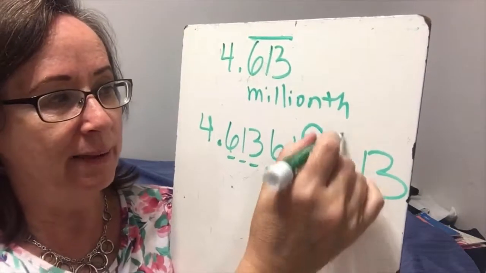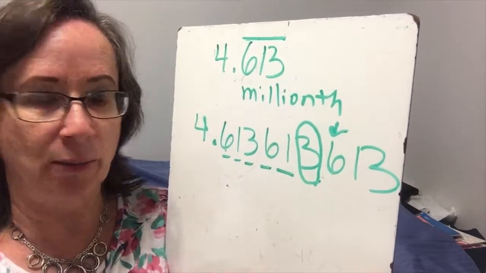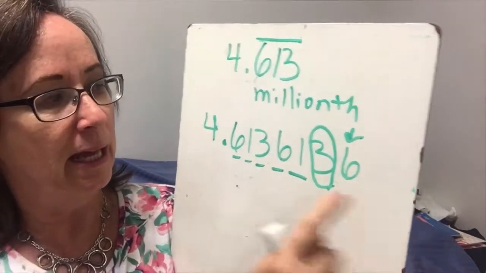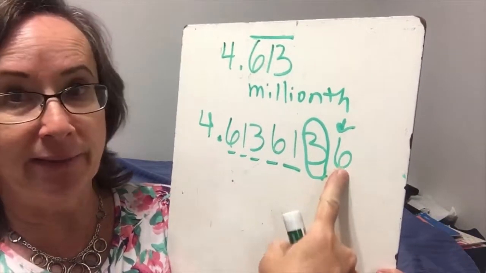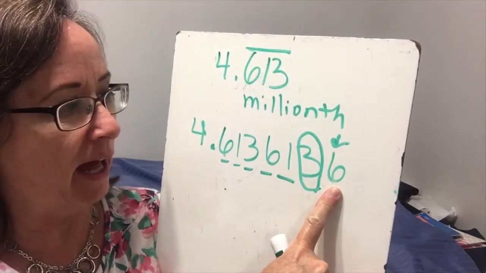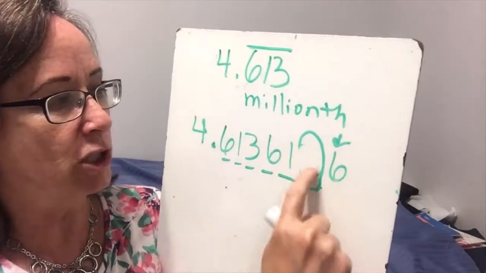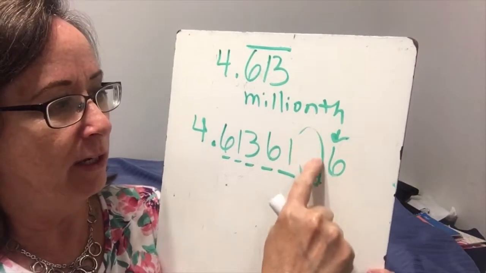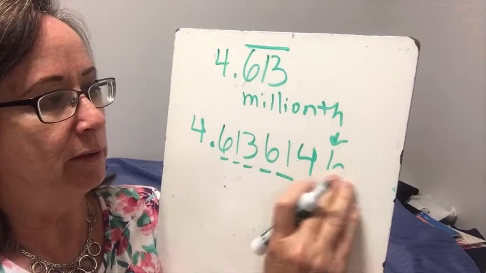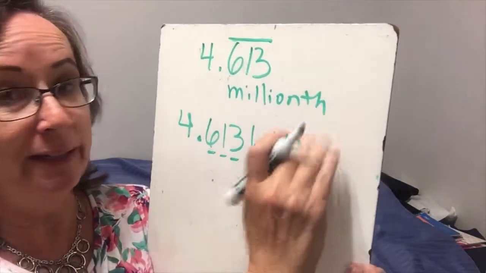Okay, so this is the place that we have in question, and these two, we don't even have to worry about those because this is where we're going to stop it, and this is the one we have to look at. This one is greater than 5, therefore we will change our 3 to a 4, and we will delete that one, and we are done.